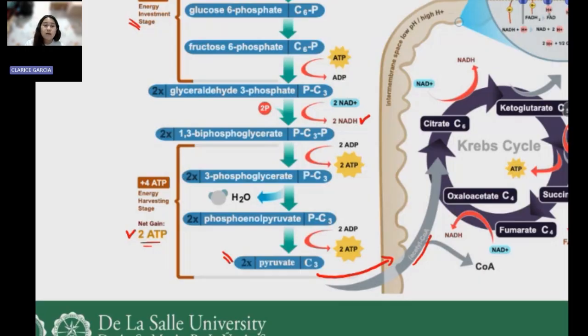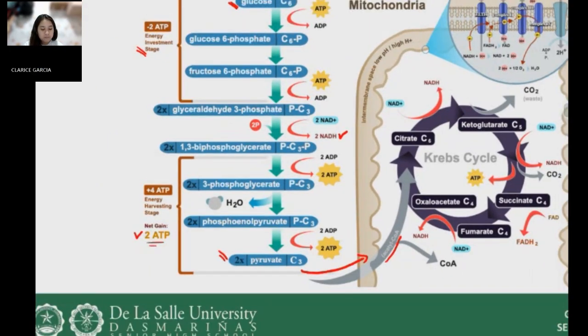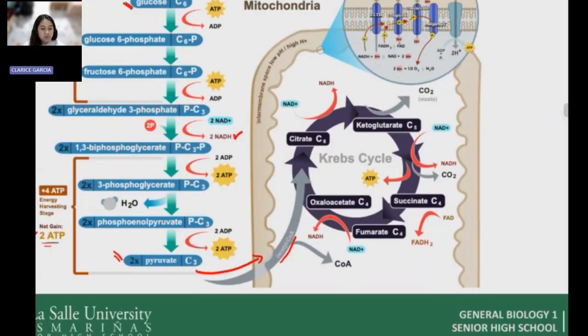Sometimes this pyruvate oxidation is called the link reaction because it connects glycolysis to the next cycle, which is the Krebs cycle. The Krebs cycle is also called the citric acid cycle.